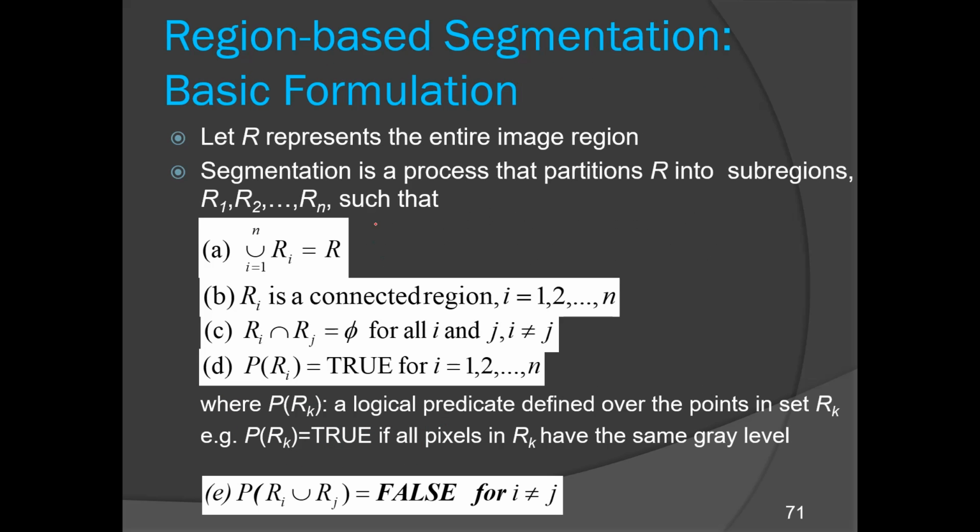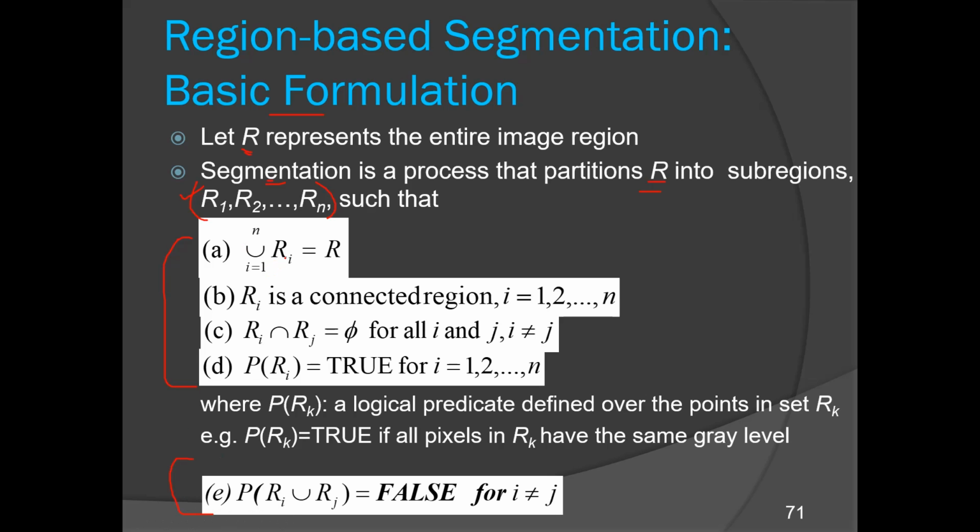So let us see some fundamentals, the basic formulation. Our given image will be considered as a single region, represented by R, and consider that after segmentation we have divided that image into n subregions denoted by R1 to Rn. We expect these subregions to satisfy some properties; they should satisfy these 5 properties.